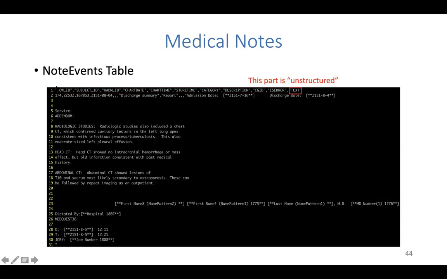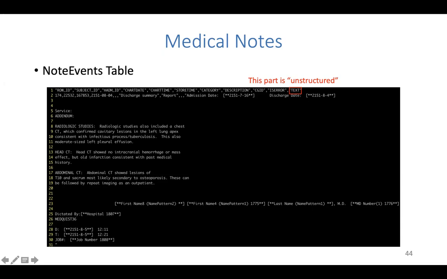So you can see here, this is row 1. This one line here is a single entry of the notes events table, and it starts with row ID 174, subject ID 22532, and so on. And starting from right here is where the text column starts.